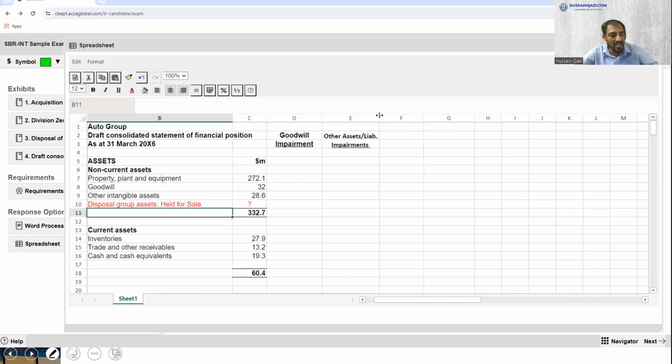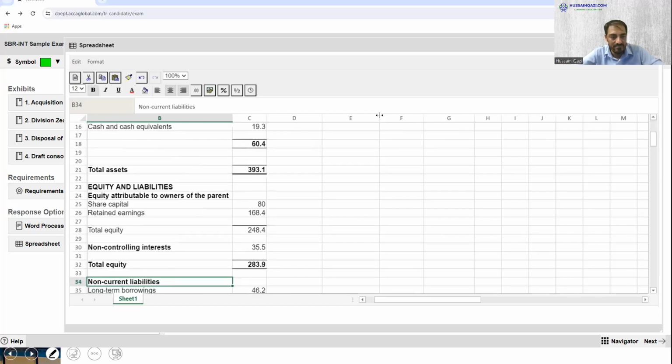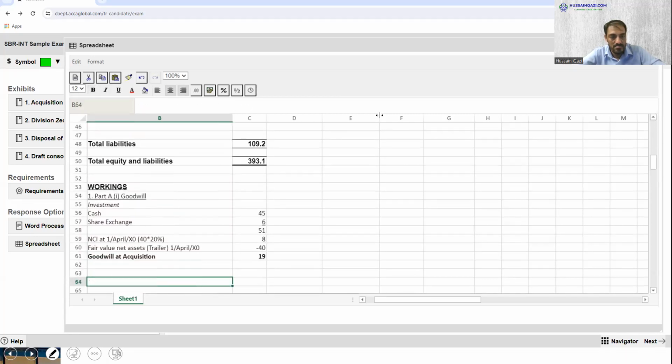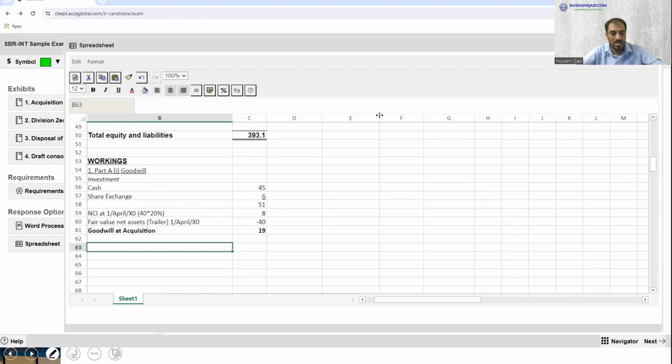So let's start the question, working with the impairment review. Working number 2, impairment review. Okay, this is working number 2.